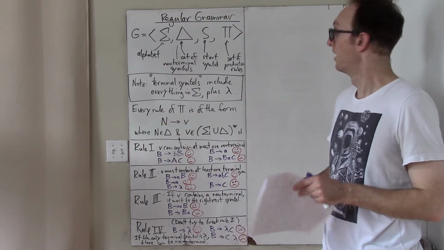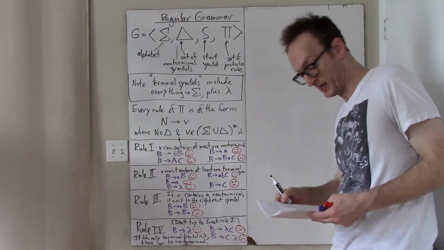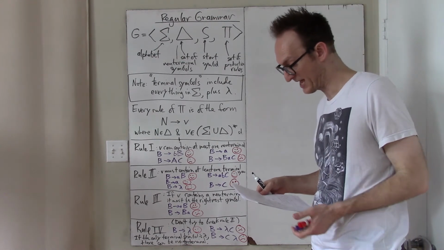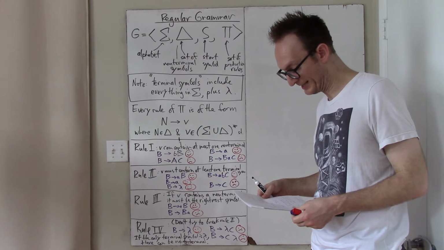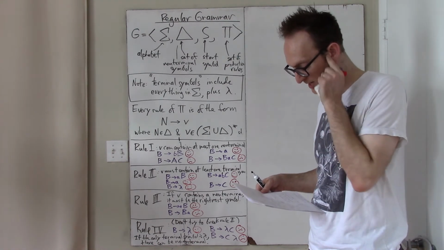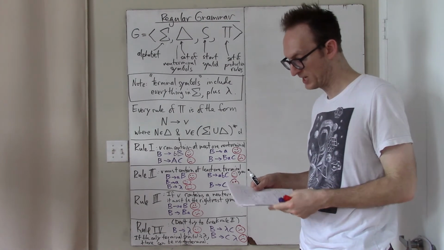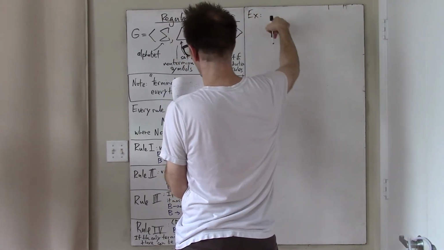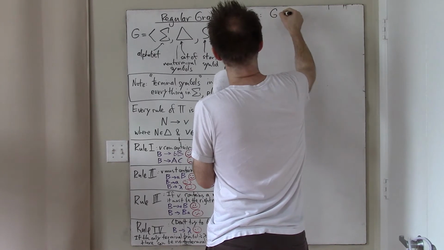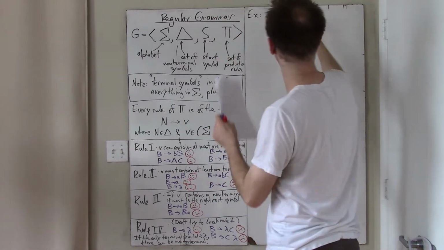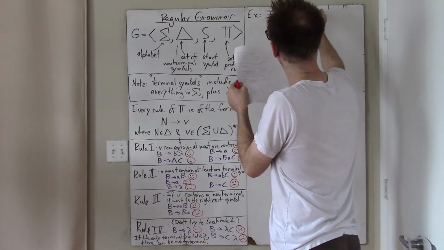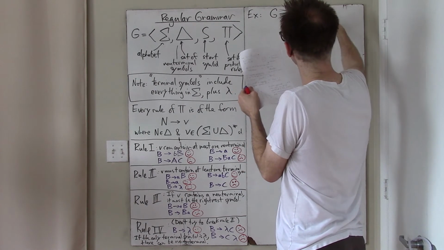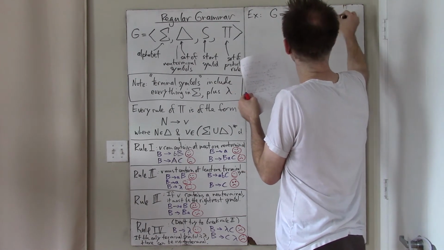Moving along, let's look at an example. I think we have seen this example already; it's our example from the previous video, but now we're going to do it formally. Let G be the grammar which is sigma, delta, S, and pi.